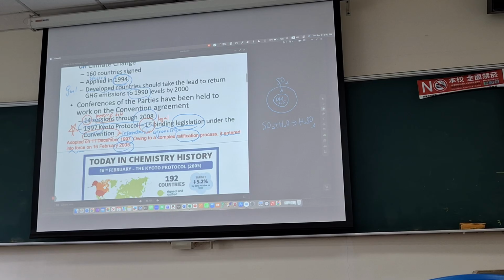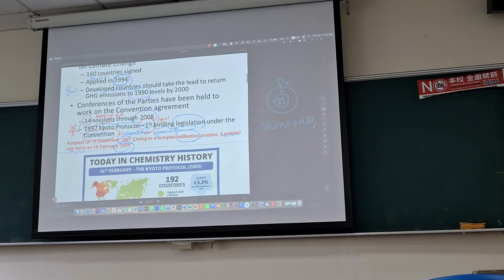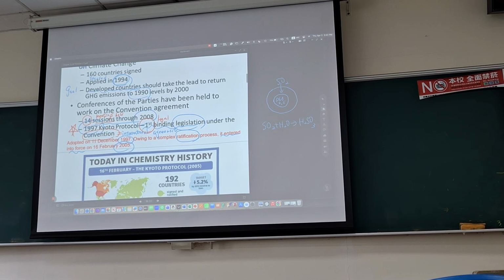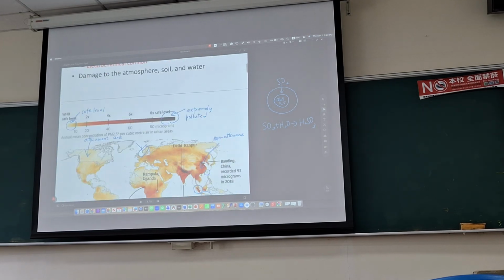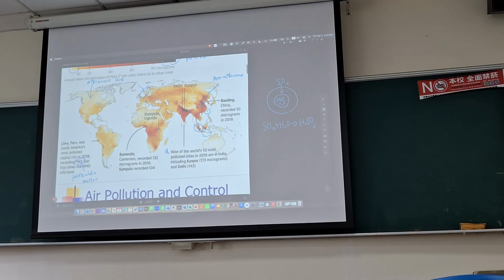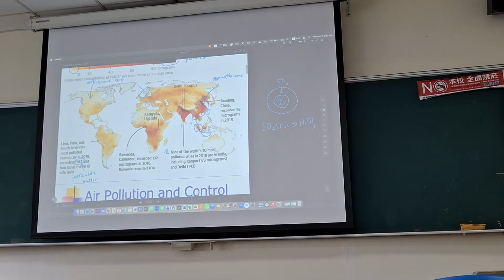For example, China disagreed. They just care about money and the economy, not pollution. That's the reason you can see in 2018 they are highly polluted in their coast area.